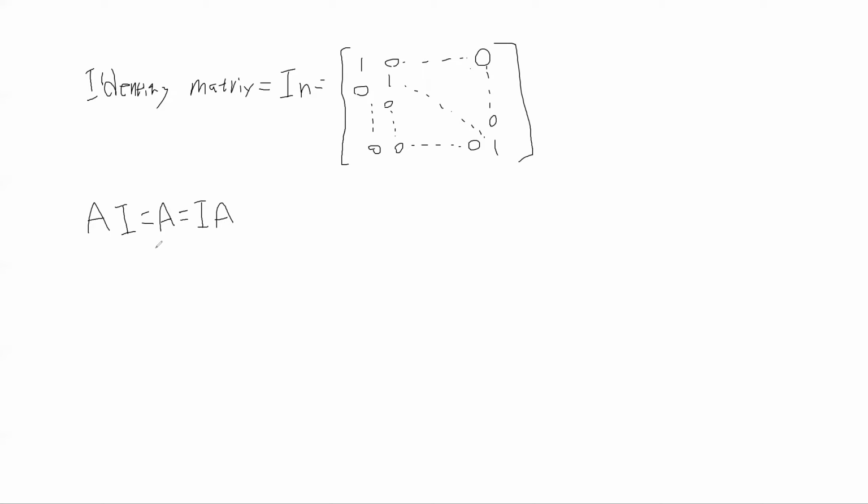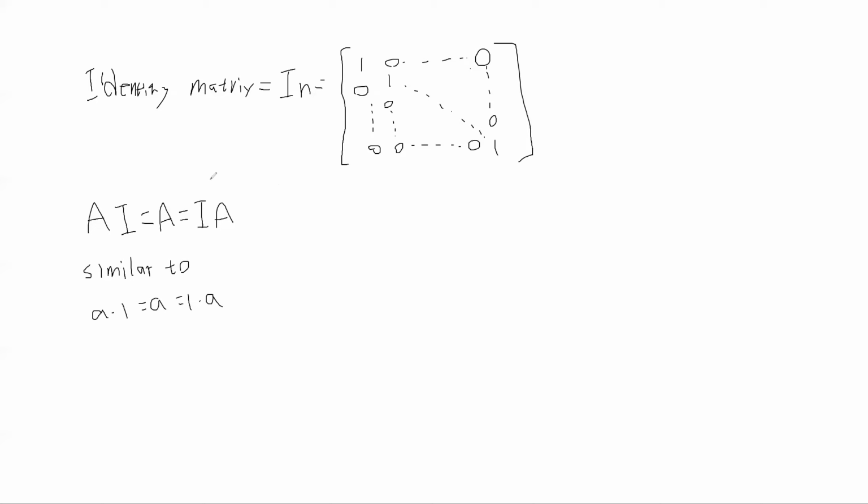So that means the I here, the identity matrix, is working the same way as the number 1 in terms of multiplication. This is similar to some number A multiplied by 1, which is A, or 1 multiplied by A. So this is in the real number sense, and this is in the matrix sense.